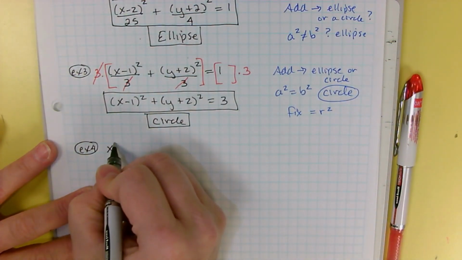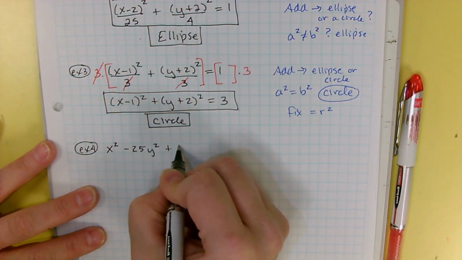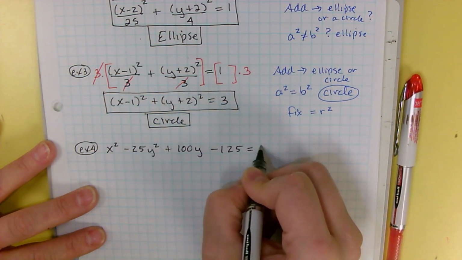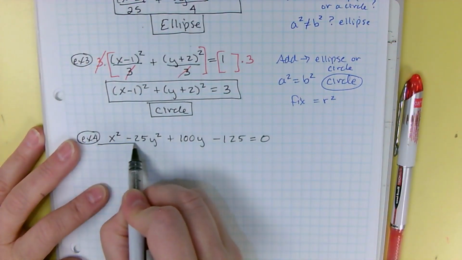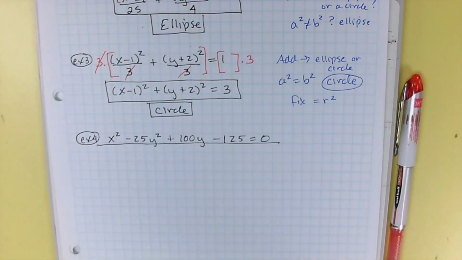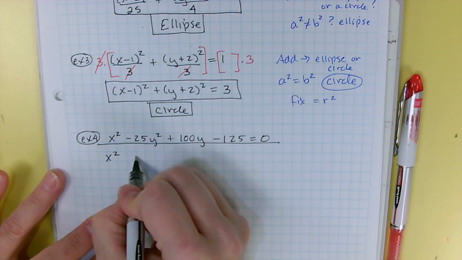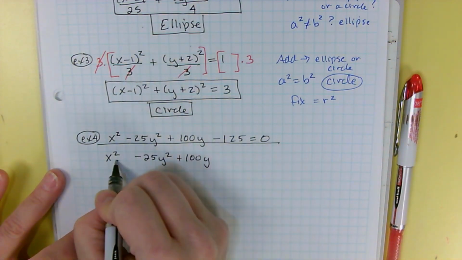Let's do this one. x squared minus 25y squared plus 100y minus 125 equals 0. This one gets people because there isn't a single x term. So we're going to deal with that. Okay, so very first step, complete the square. So I have an x squared, I have a minus 25y squared plus 100y.